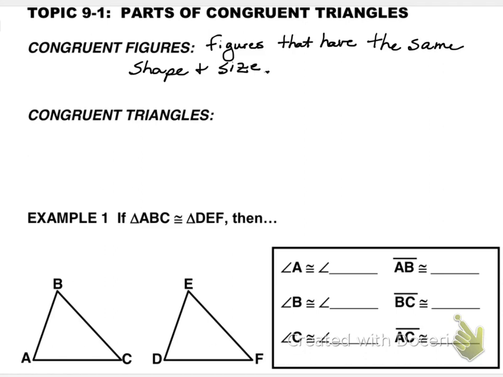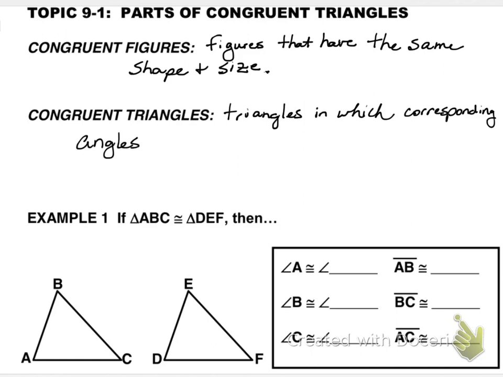Congruent triangles are triangles in which corresponding angles and sides are congruent.